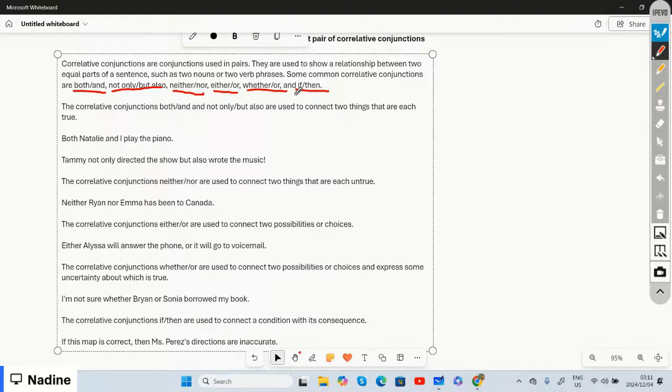And if we look at the correlative conjunctions, with the first correlative conjunction, which is both and, and we use not only but also, it is used to connect two things that are each true.